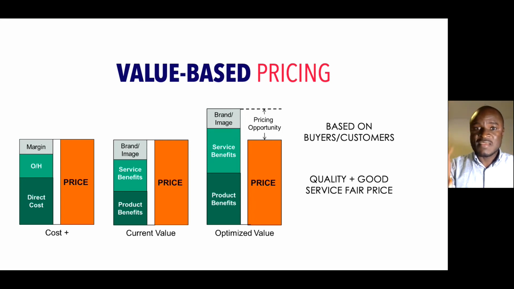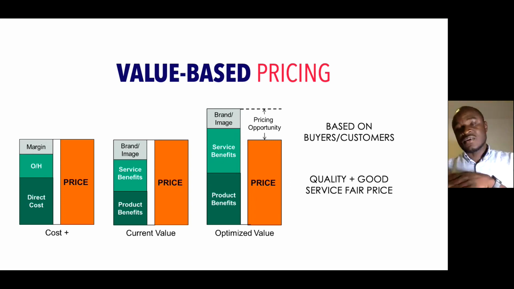Or we can take the brand image, which is the optimized volume and value. Sorry, we have the brand image, we have the service benefit, and we have the product benefit. And then we want to find the pricing opportunity, which is going to be the gap between those different things, and then we are going to put some, more or less what Apple has on the different products.